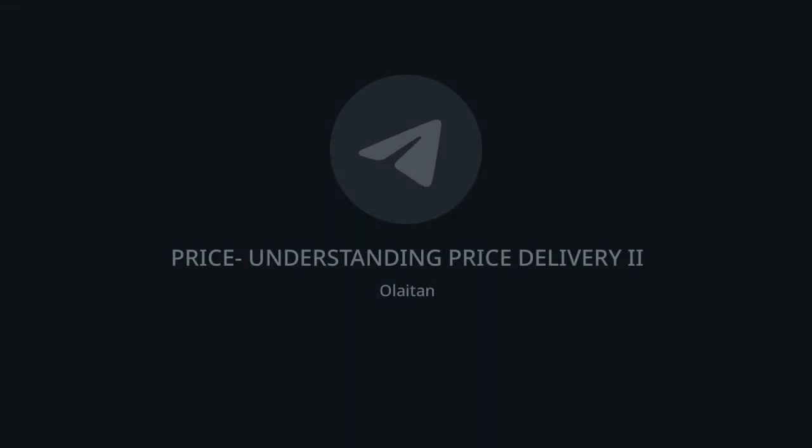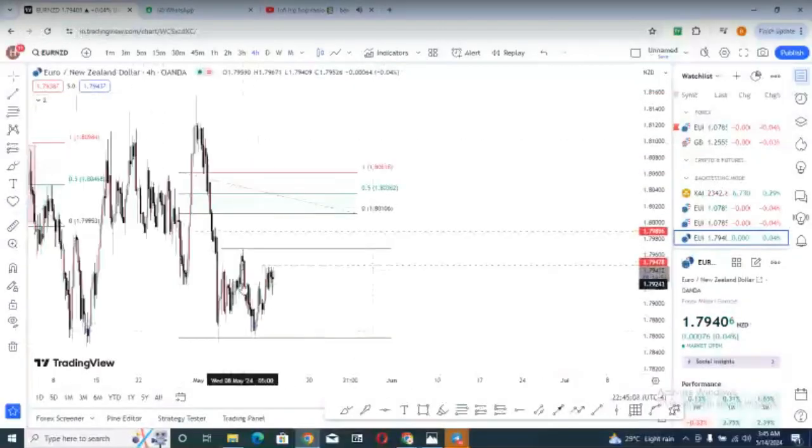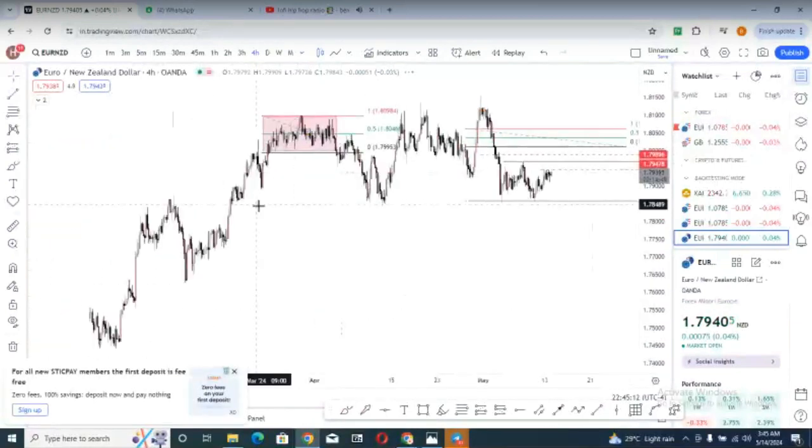Looking at the 4 hours, price hasn't really done much around this period. This is what I'm looking at here, but let's see what I was trying to explain here.